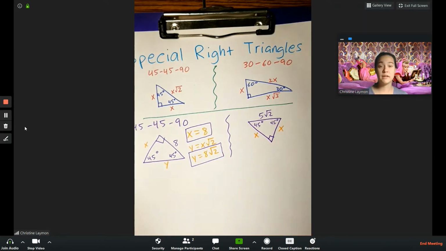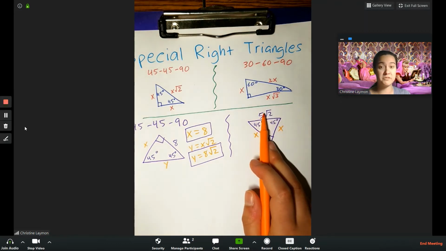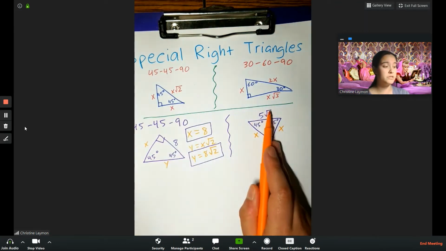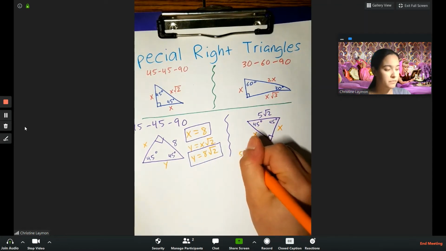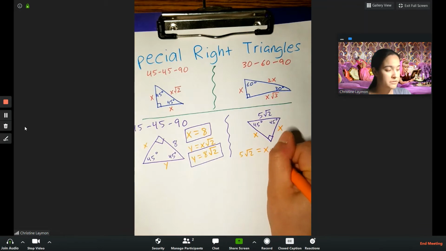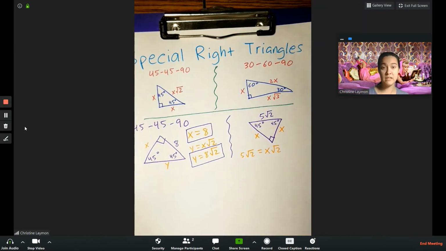Okay, and I made them both x because we know in a 45, 45, 90, the two legs are the same. Okay, now remember what we know about this. This is the hypotenuse. It is this one right here. So this 5 root 2 has to equal x root 2. Again, that's the pattern.